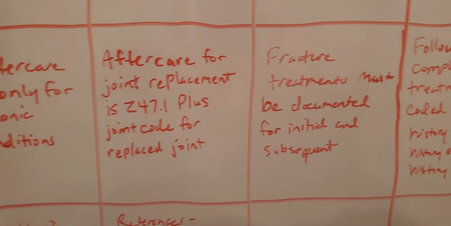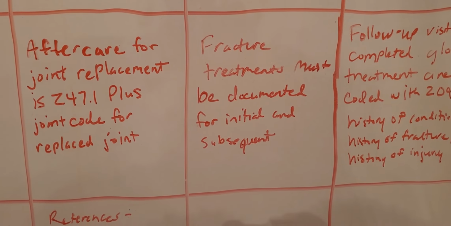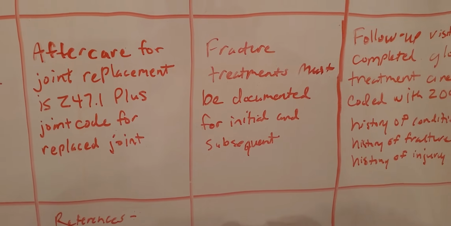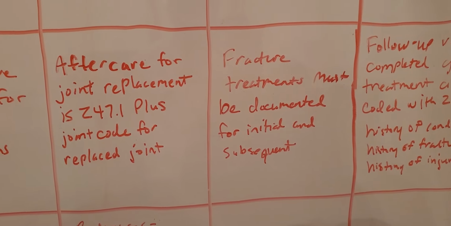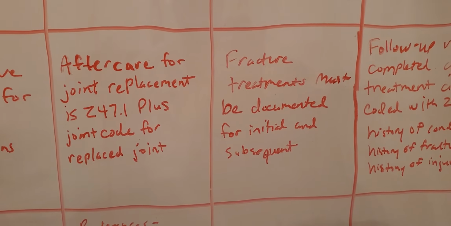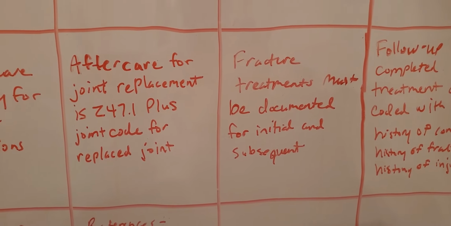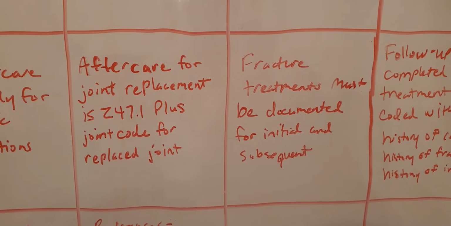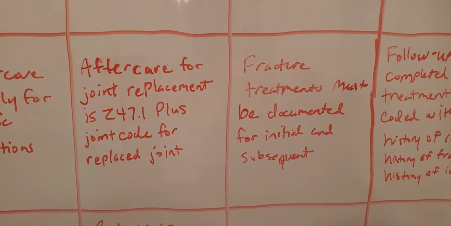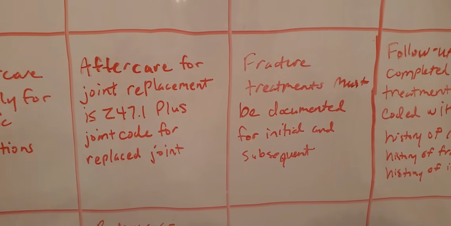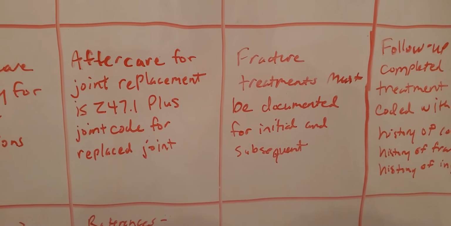Okay. The next one is fracture treatments must be documented for initial and subsequent. Sometimes they will forget to document their treatment, whether they're doing an initial closed treatment with manipulation or with no manipulation. Sometimes they'll forget to do that documentation, and I have to send it back for a query.